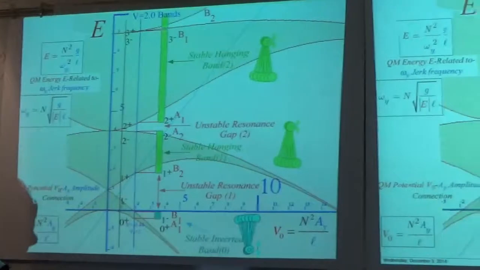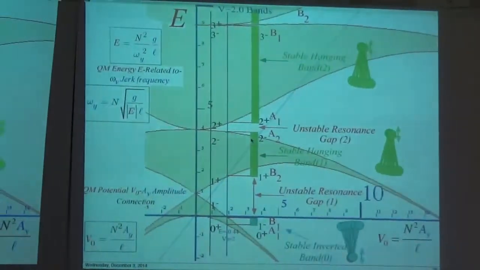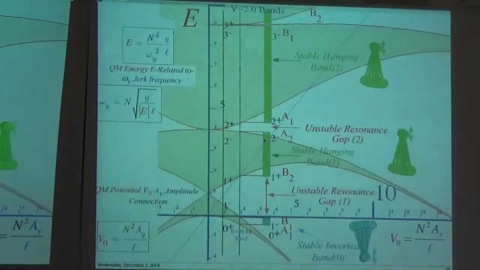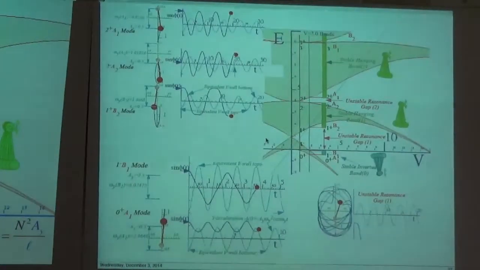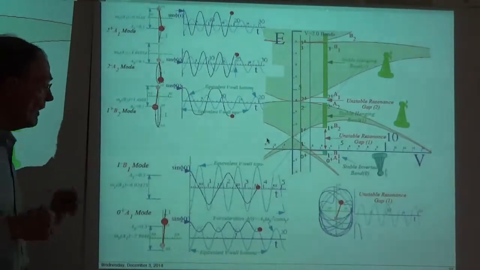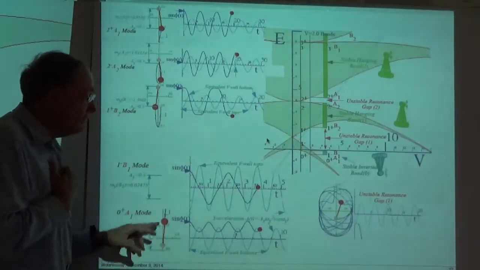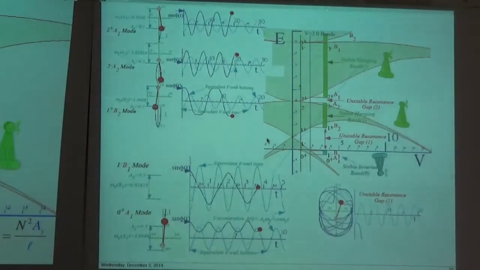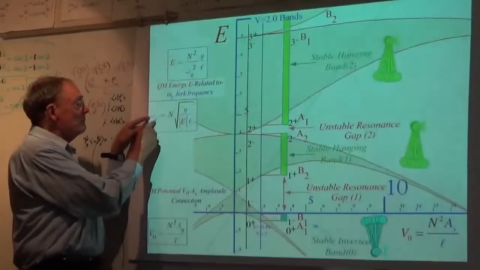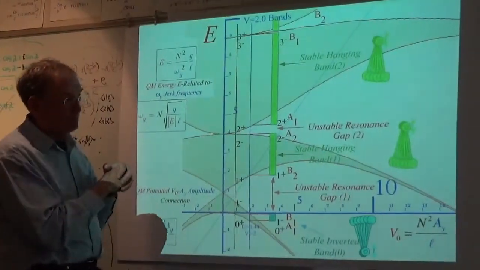There's the picture of energy bands versus potential height. And here are some of the solutions which we're going to go through now, just to get a feeling for them. I'm going to start with the unstable one. I'm going to start, and remember the relationship is inverse energy gives you pumping frequency. Okay?